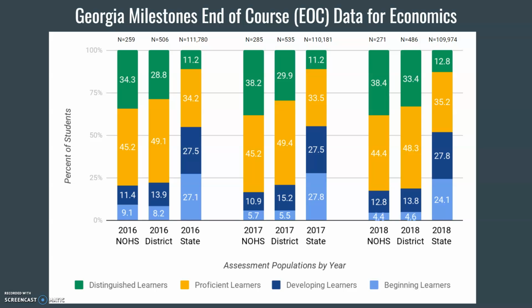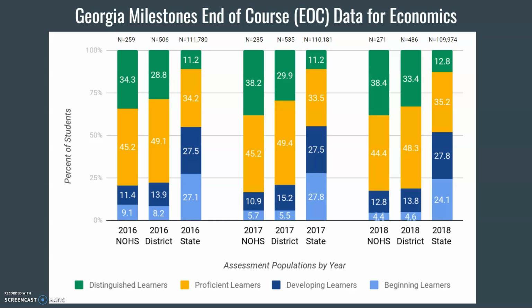Secondly, 45.2% were classified as proficient learners, with 11.4% being developing learners and 9.1% being beginning learners. Here you can see North Oconee High School has the highest student population scoring anywhere between the distinguished learners and proficient learners compared to those students in the district as well as the state of Georgia in 2016.